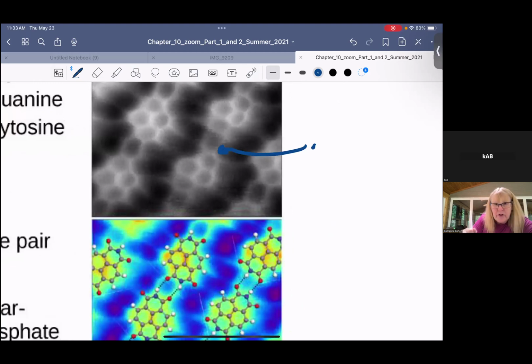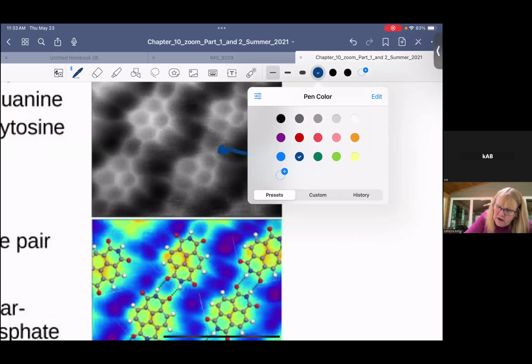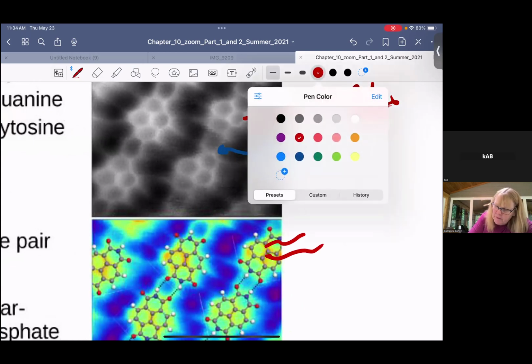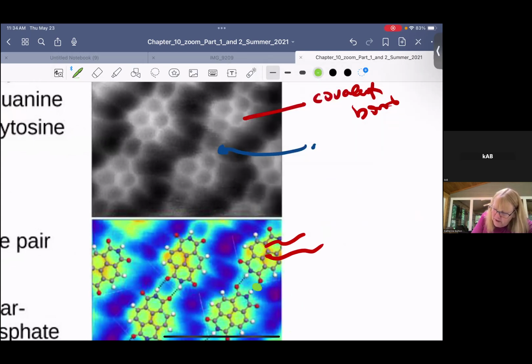Now, note that one is different than this one. These guys all here are covalent bonds. And we can see that when we go to the structure below, and we're just looking at these things that are holding our molecule together. But these guys right here, this is a hydrogen bond.